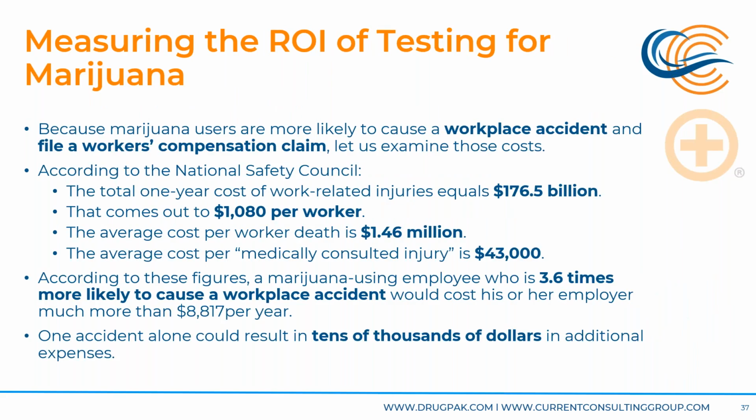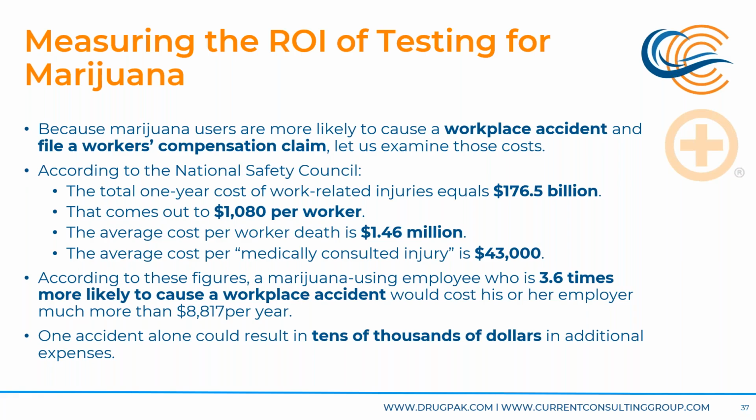Now there's lots of different ways to look at this. I'm just running a bunch of numbers by you, but I'm going to get somewhere with this. Because marijuana users are more likely to cause a workplace accident and file a workers' comp claim, they're 5 times more likely to file a workers' comp claim, you have to look at it from that cost standpoint, right?